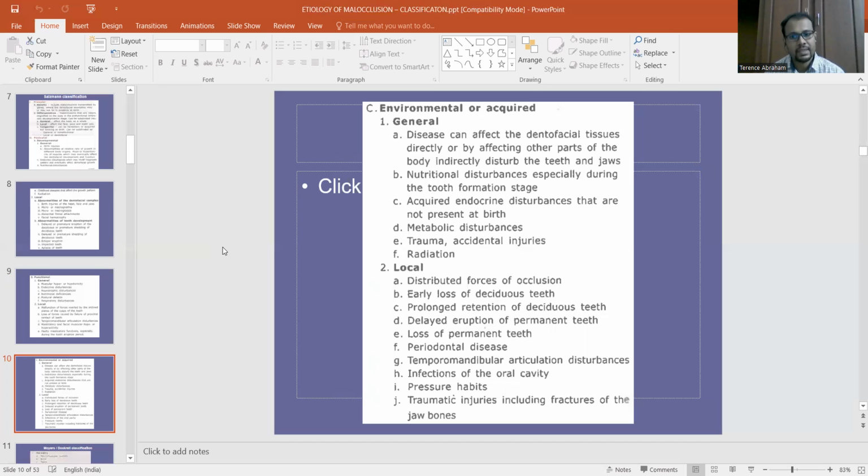Then coming to local factors: abnormal force on mastication, early loss or prolonged retention of deciduous teeth, delayed eruption of permanent teeth, loss of permanent teeth, early loss of the second deciduous molar, which can cause the first permanent molar to tilt mesially, various periodontal diseases, TMJ problems, infections in the oral cavity, various abnormal habits, trauma. All these can be localized causes of malocclusions.